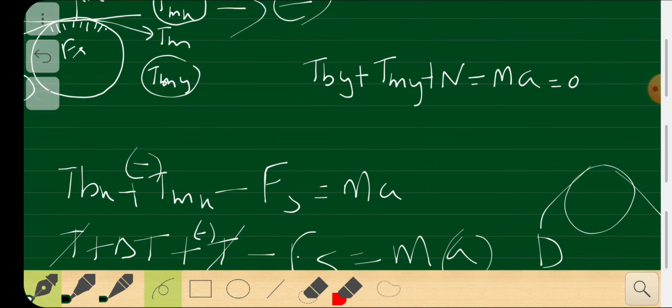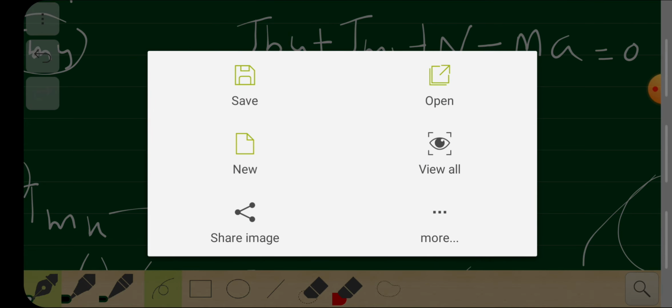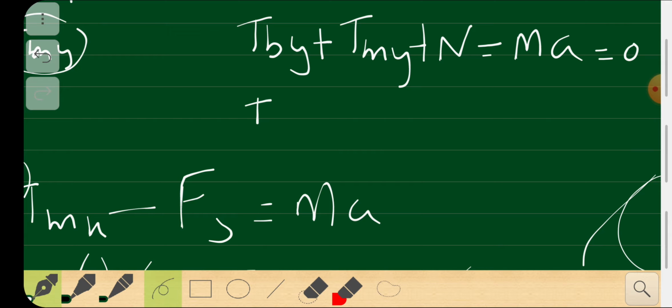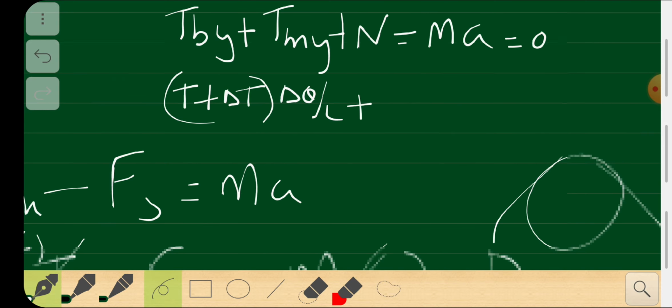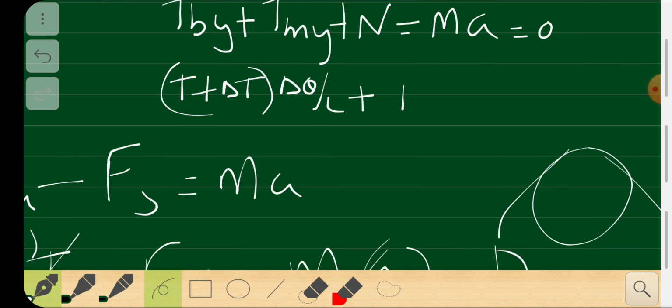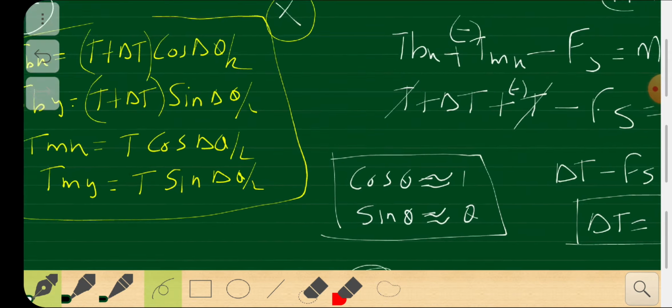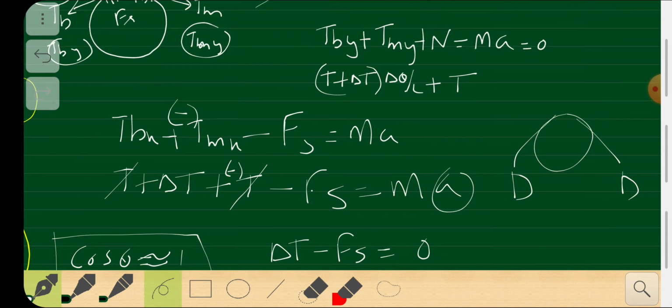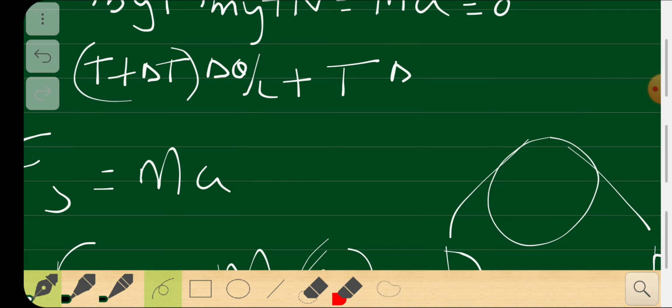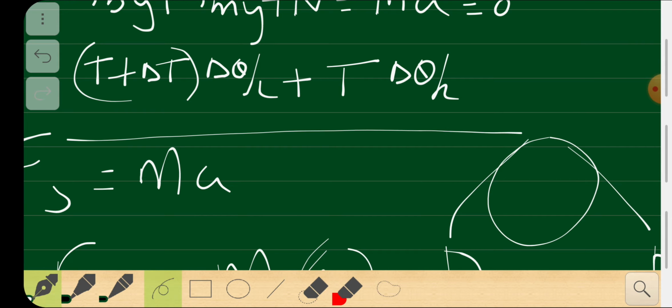So it will be T plus delta T times delta theta by 2, in brackets, plus T times TMy, which is just T times sine delta theta by 2. So that will be T times delta theta by 2. That plus N must be equal to 0, right? So that's the basic thing.